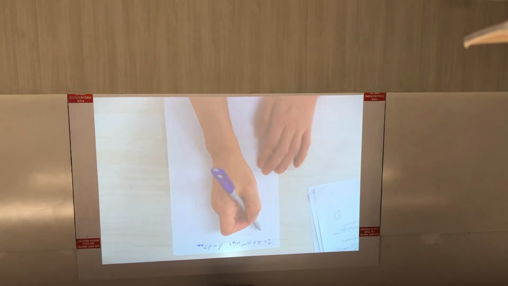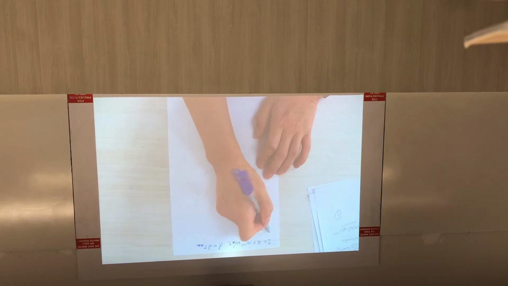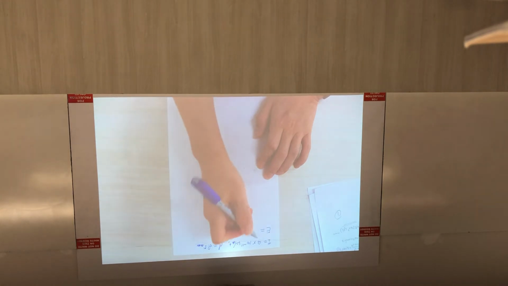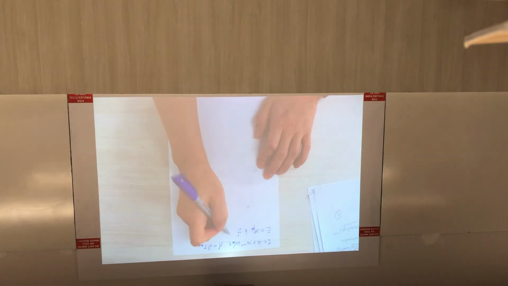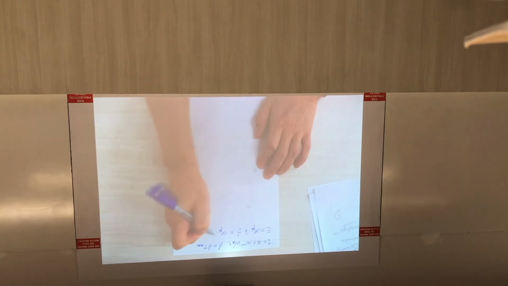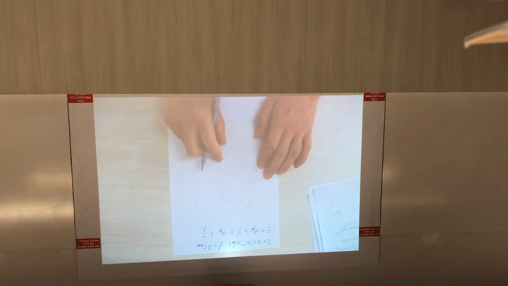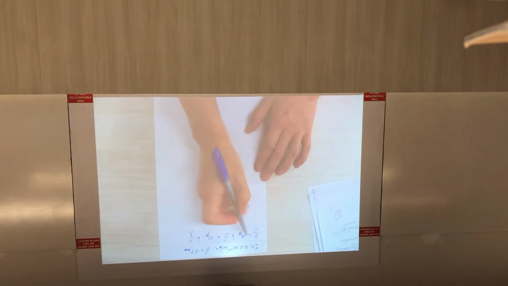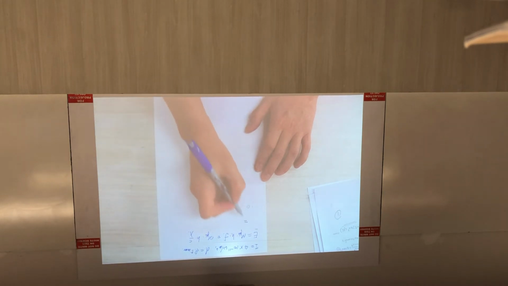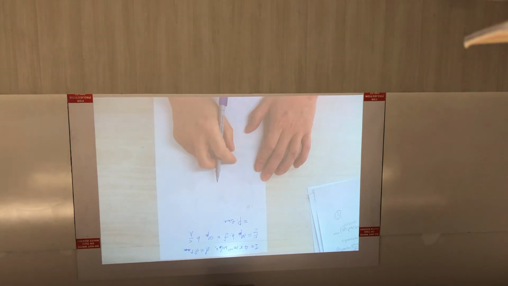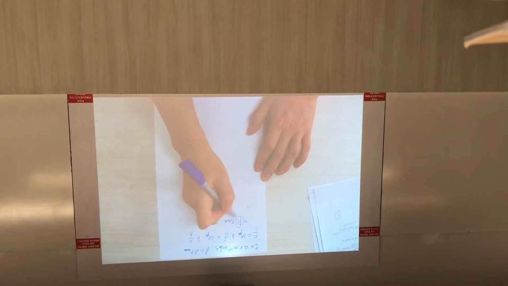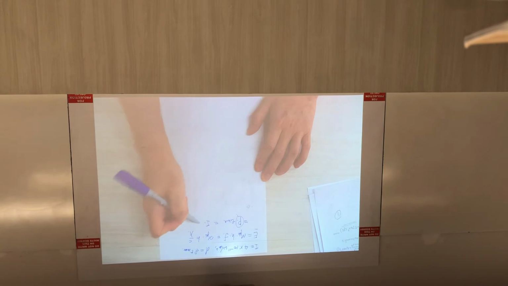When it comes to quantum physics, we know that our energy is related to the number of photons times h times f, which becomes h c over lambda. And this energy is actually power times operation time, and our power is intensity times area.